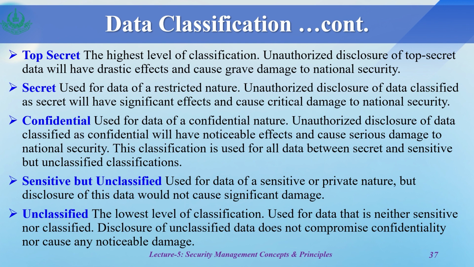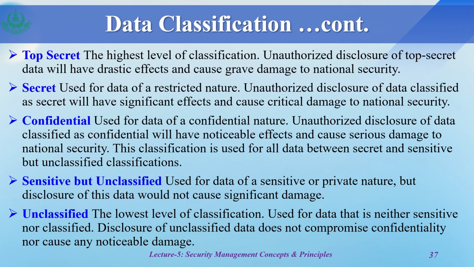Second is secret, used for data of a restricted nature. Unauthorized disclosure of data classified as secret will have a significant effect and cause critical damage to international and national security. Confidential is used for data of a confidential nature.